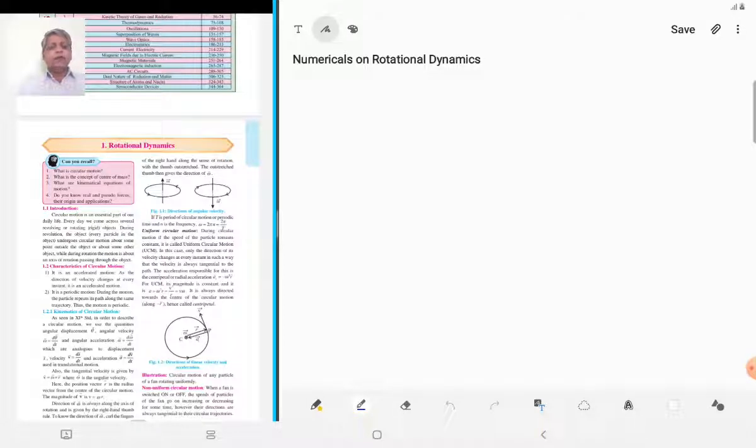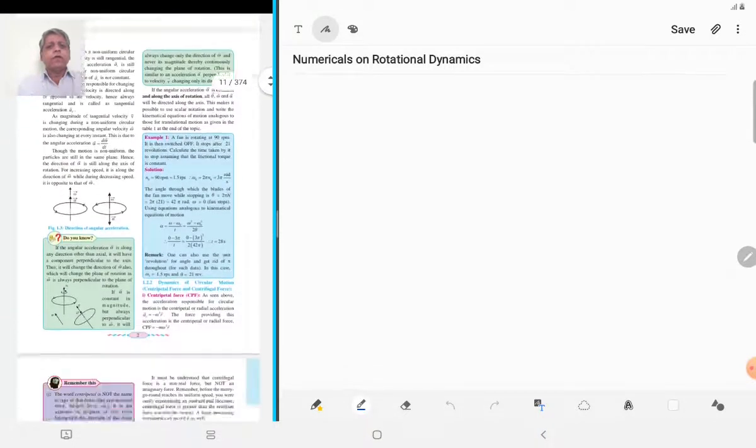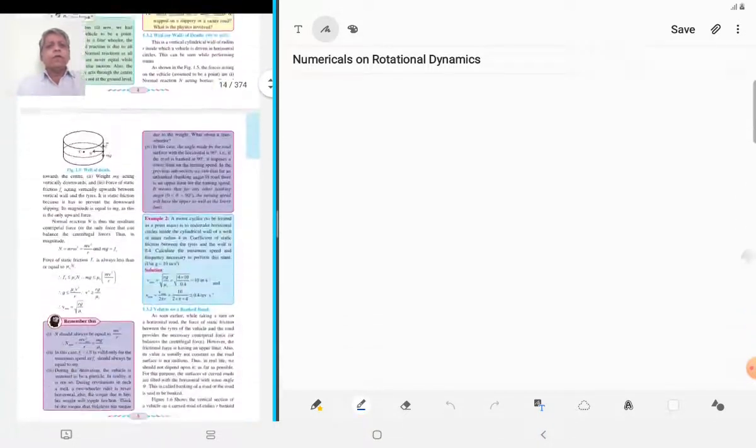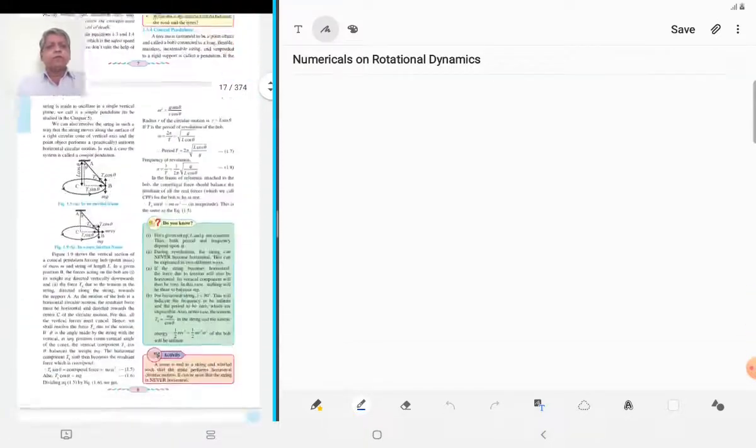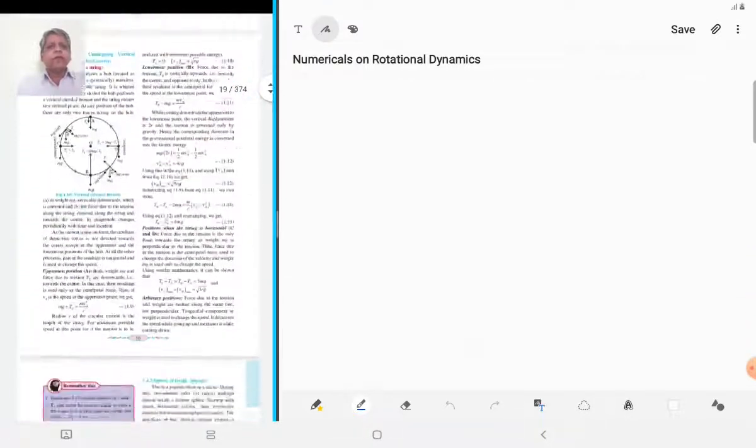In our textbook, at the end of the rotational dynamics chapter, there is an exercise given on page numbers 23 to 25.